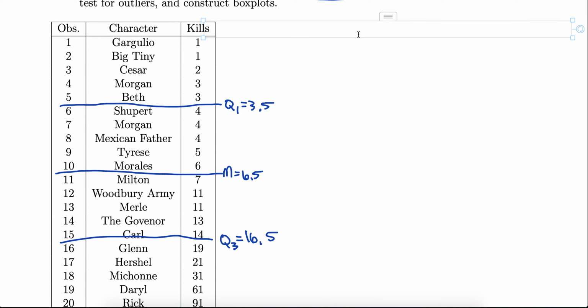So our 5-number summary, I'm going to try and type as much as I can so we don't get that strange pen problem. So our 5-number summary is going to be our min, Q1, the median, Q3, and the max.